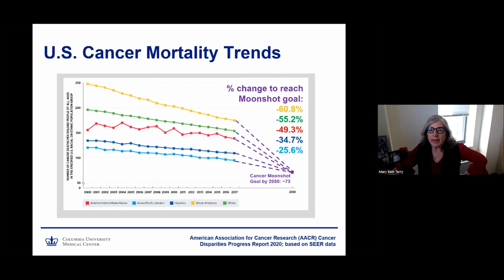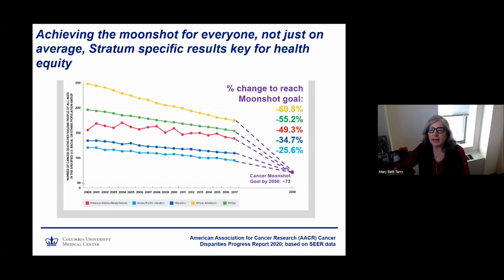If we aim for the cancer mortality moonshot of 73 cancer deaths per 100,000, it would translate into a reduction in mortality of almost 61% in African Americans compared to about a 26% reduction in the mortality rate for Asian and Pacific Islanders. For context, if we only aim for the average, we will still have major health inequities.